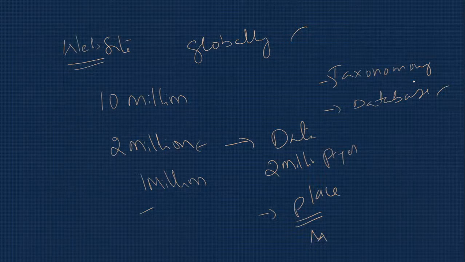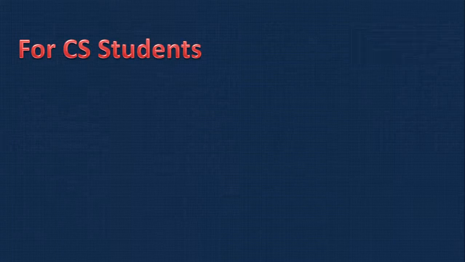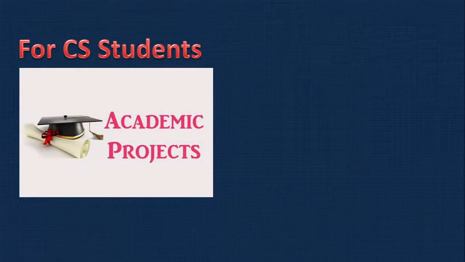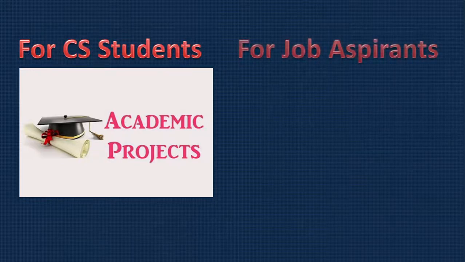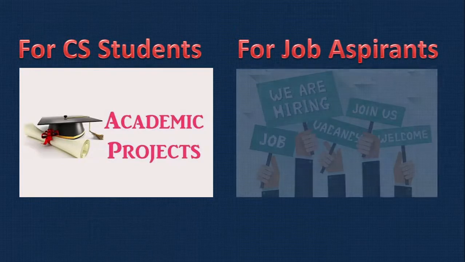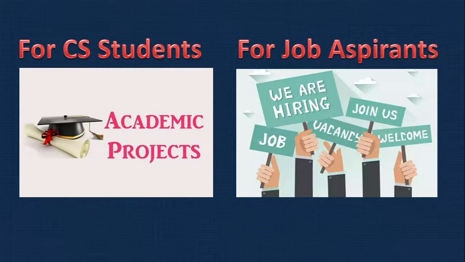Apart from this, it can be chosen as an academic project. All CS students have to do a project, and this is different from the regular ones. Therefore, if you are doing a CS course and need an academic project, you can choose this. And job aspirants, if you're looking for a job, you should know how to write the whole program.